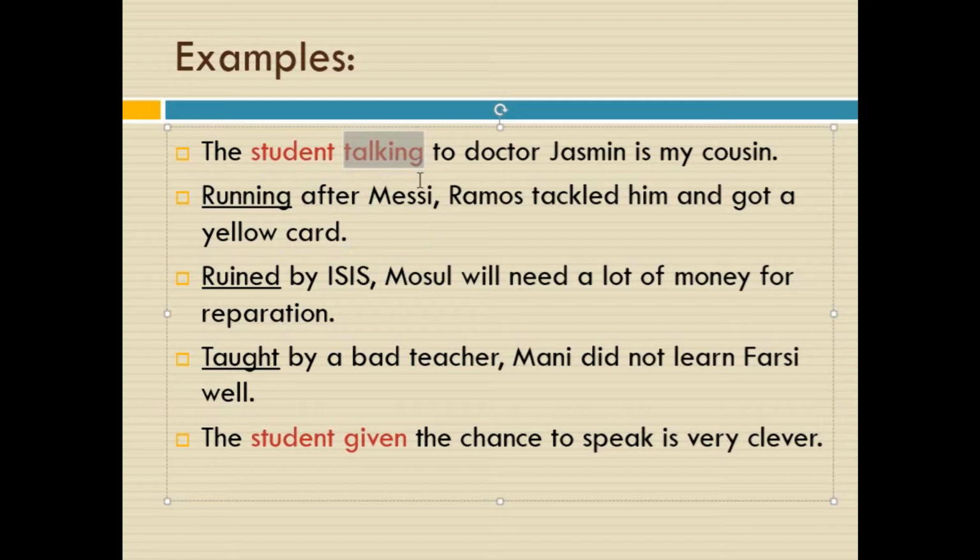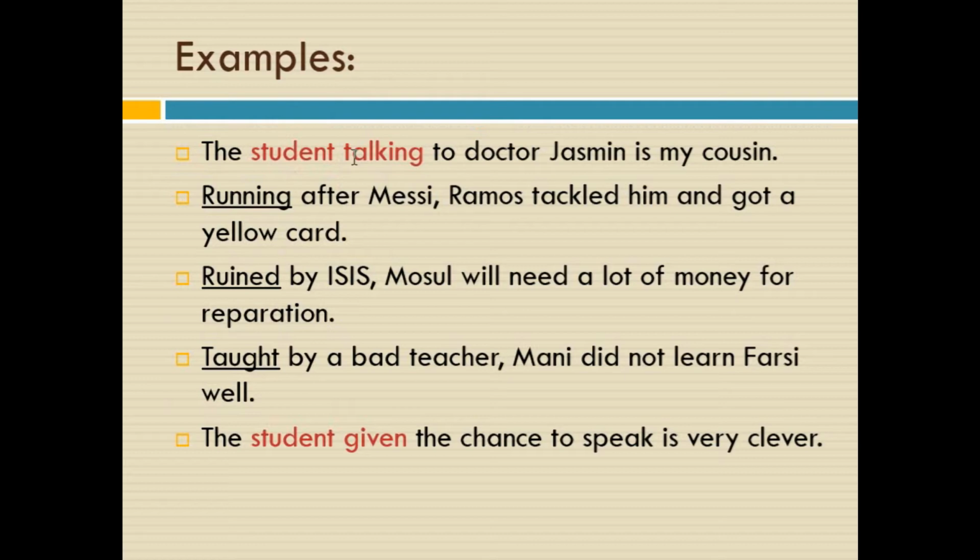I have the -ing form because the student is the subject of both sentences, and "talking," which is my participle, describes the student, which is the noun right before it, right?